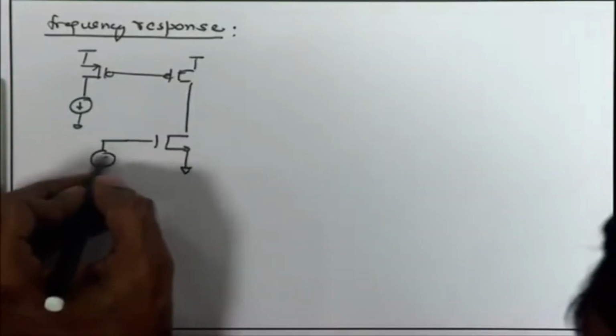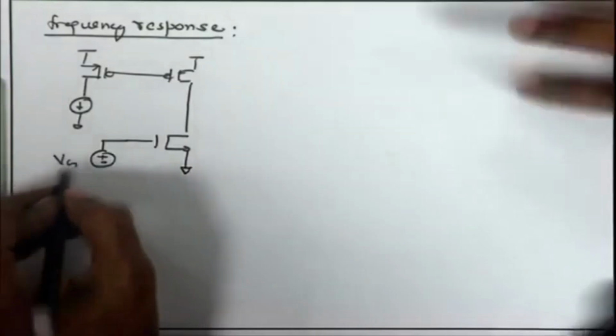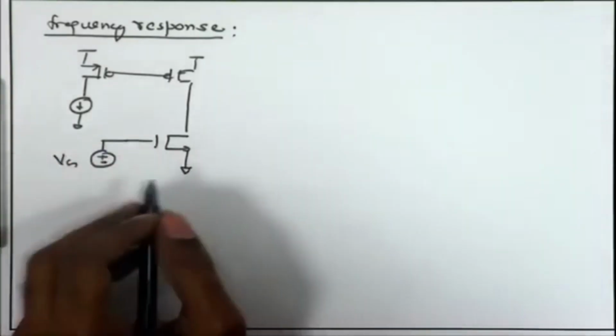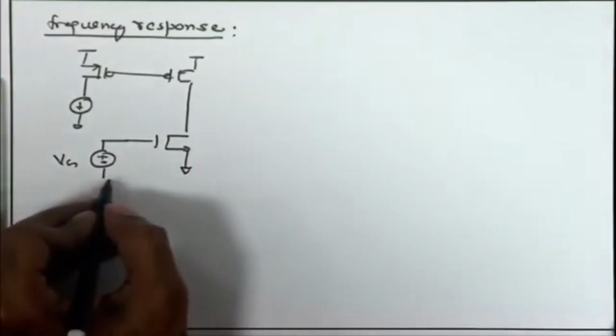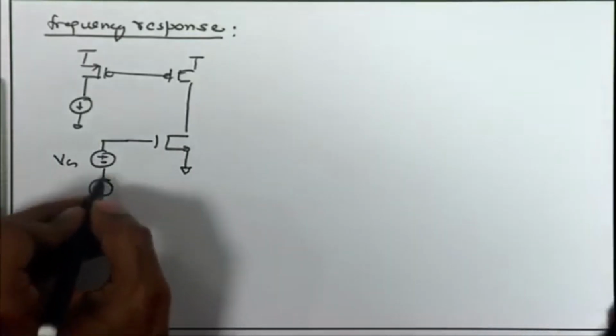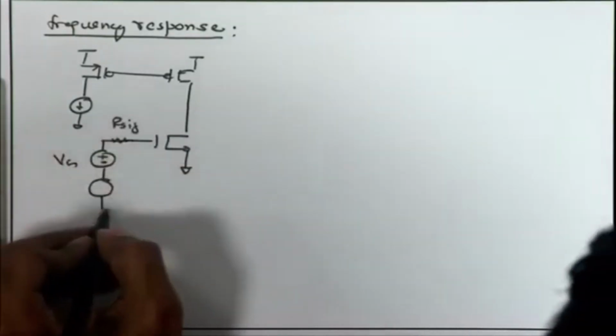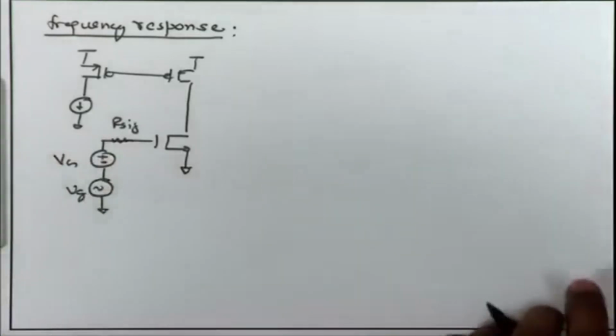You have the DC bias. Again we are not going to detail how you are getting this DC bias. Suppose somehow you are able to bias the gate voltage, and then on top of that you have the signal swing, the AC signal with source resistance. So, you have the R signal over here which is capturing this source resistance.